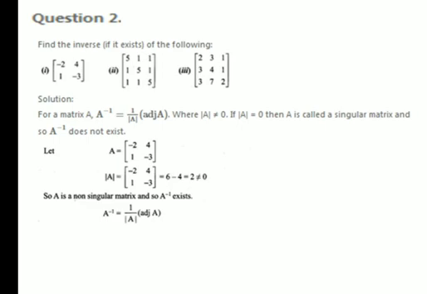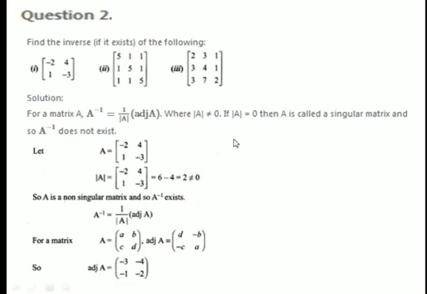A inverse equals 1 by modulus of A times adjoint of A. First you find the adjoint of A. For a 2 by 2 matrix you interchange A and D, and change the sign of C and B. So adjoint of A equals -3, -4, and so on. Then A inverse equals 1 by modulus of A times adjoint of A. The modulus of A value is 2, so 1 by 2 times adjoint of A.